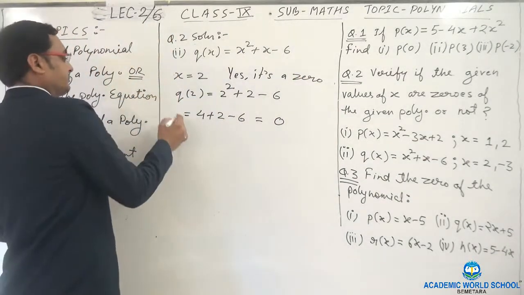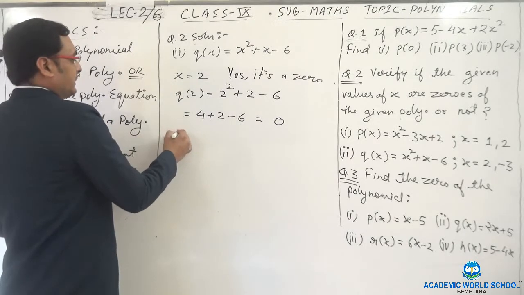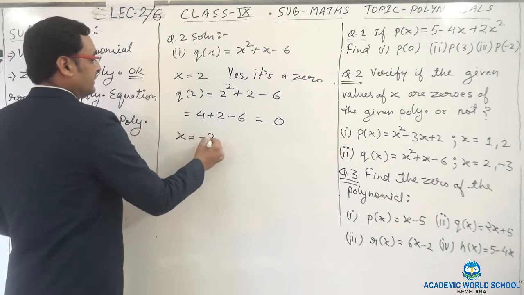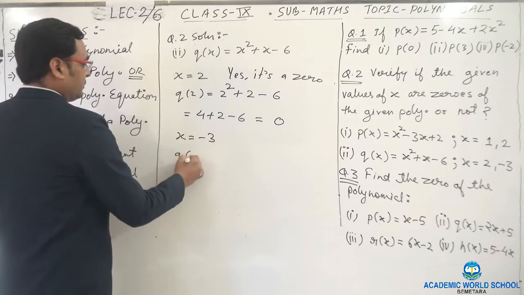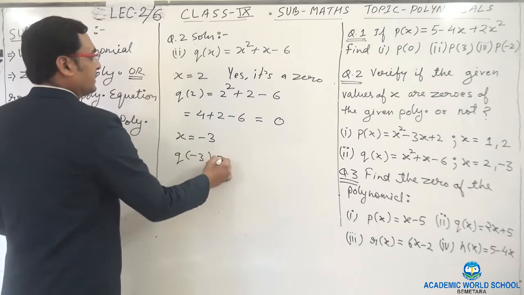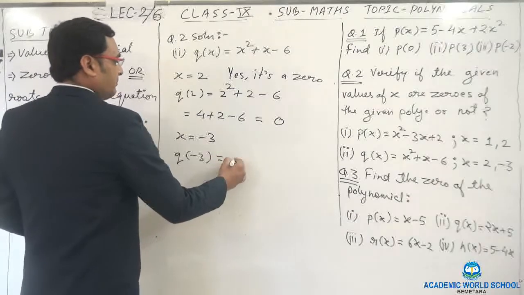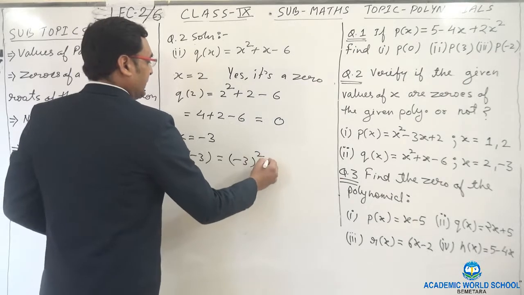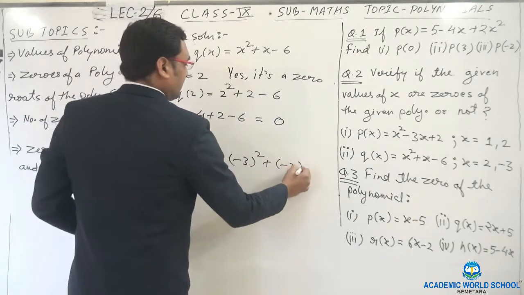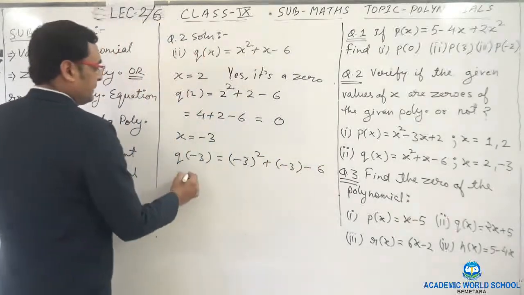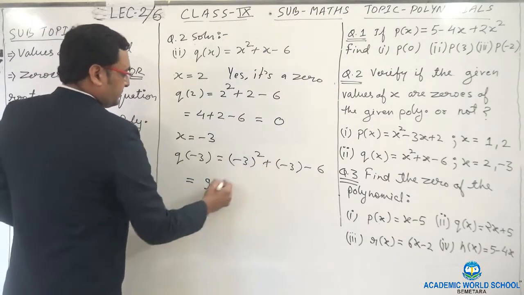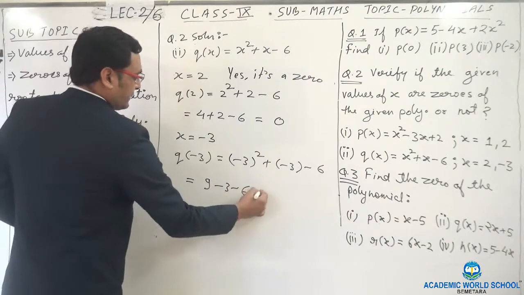Next, x is equal to minus 3. Put the value: q(-3) is equal to (minus 3) square plus minus 3 minus 6. Minus 3 square is 9, then minus 3 minus 6.